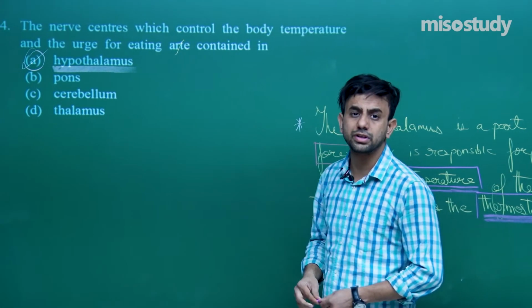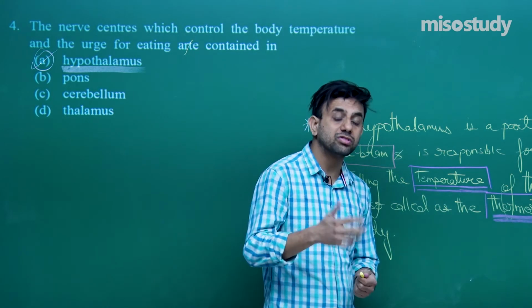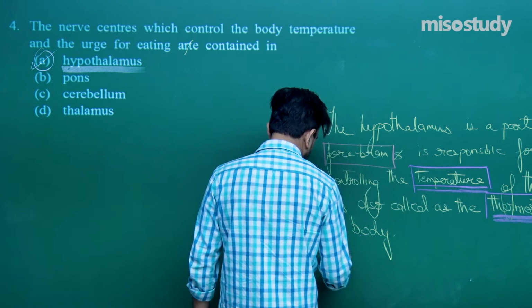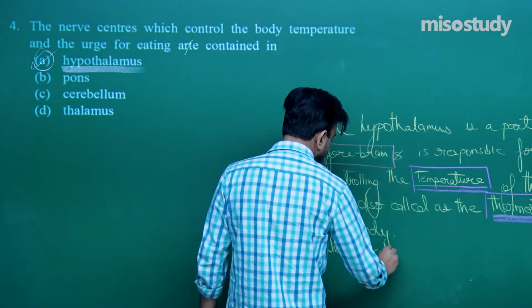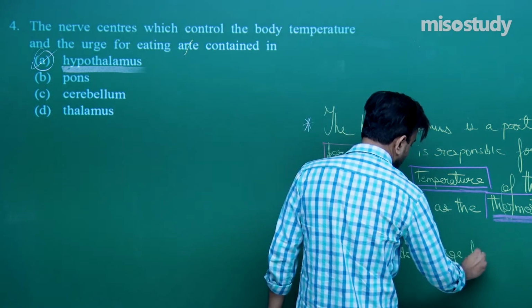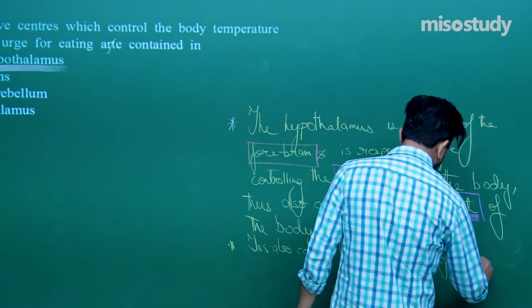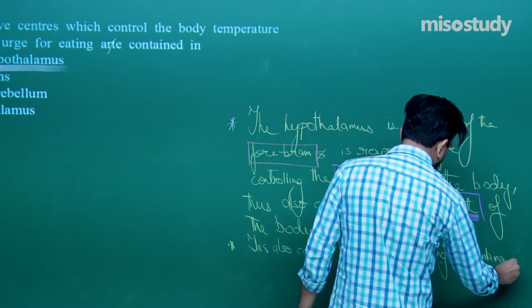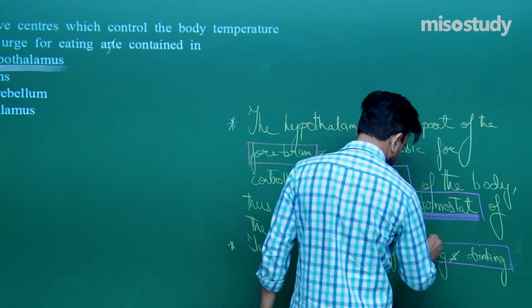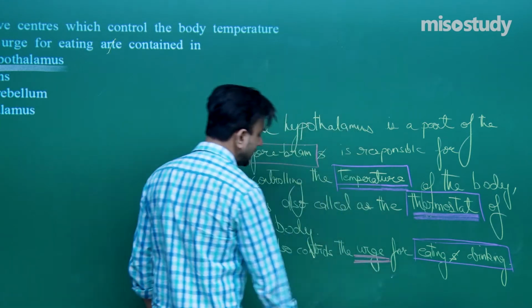So the correct answer for this would be the hypothalamus, right. Also, the hypothalamus controls the urge for eating and drinking.